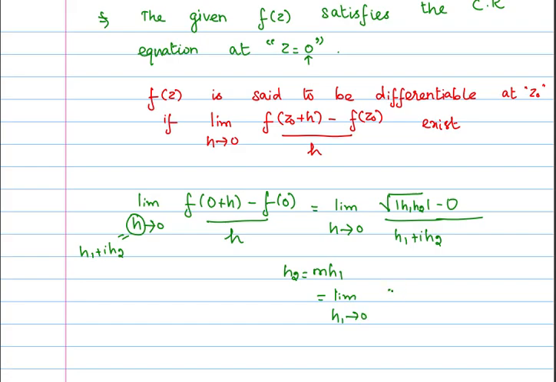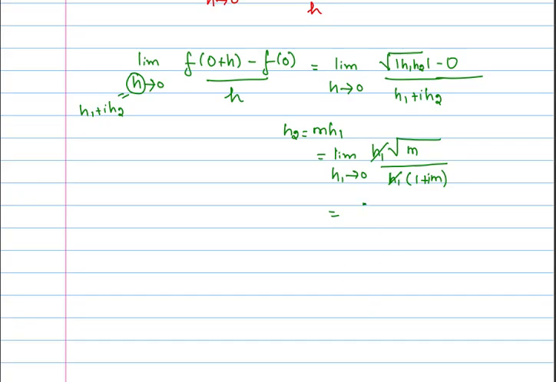Then this becomes square root of m times h1 divided by h1 times (1 + i m). This is independent of h1 now. So we get square root of m divided by 1 + i m. For different values of m, we get different limits.